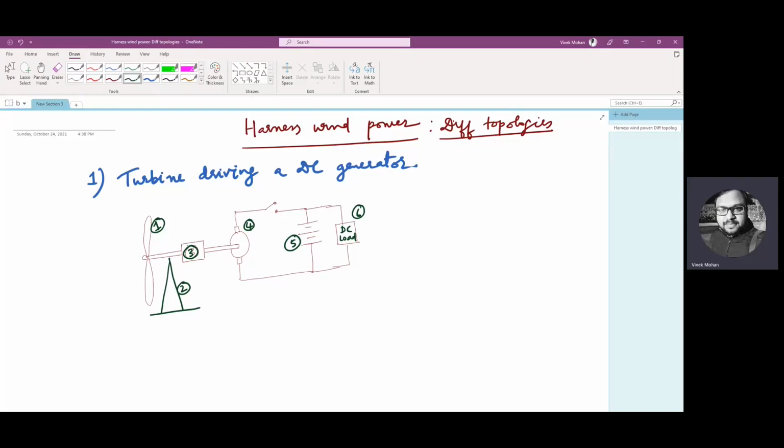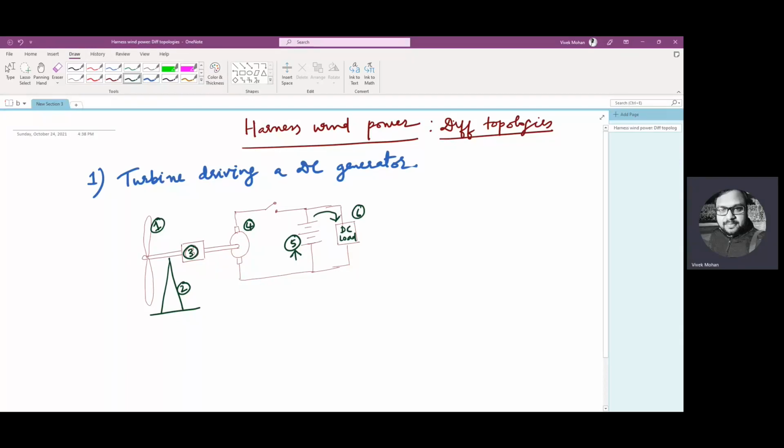Now the energy delivered by the generator is stored in a battery, which is number 5. And the battery acts as a continuous and reliable source of power for the DC load.